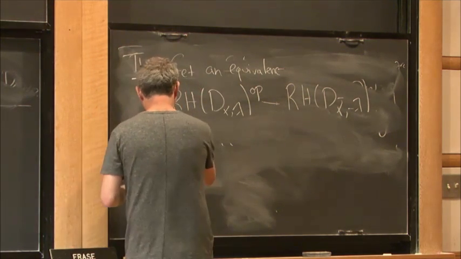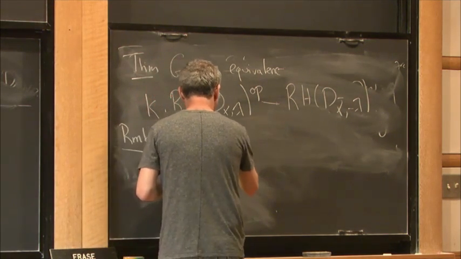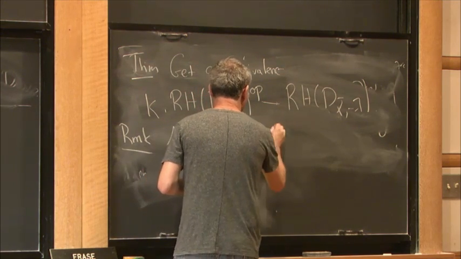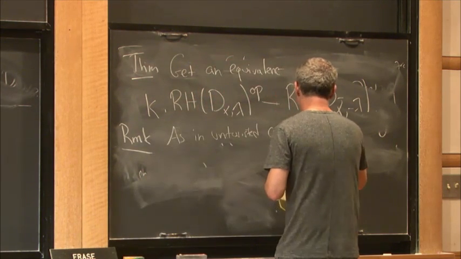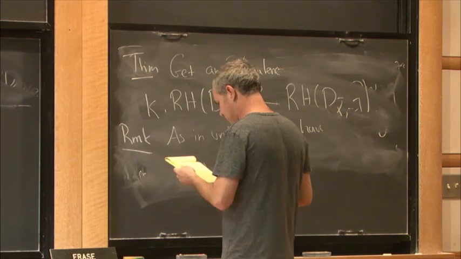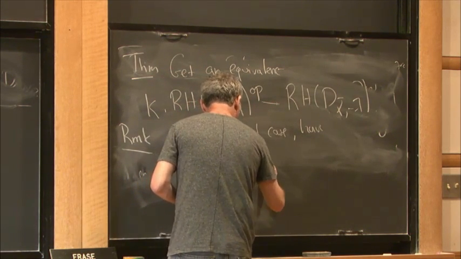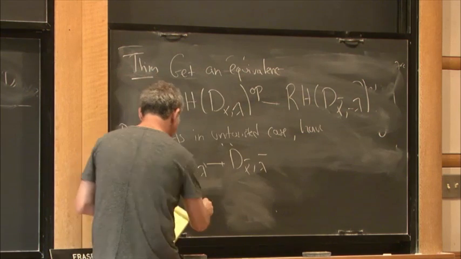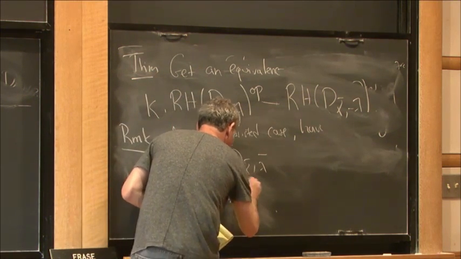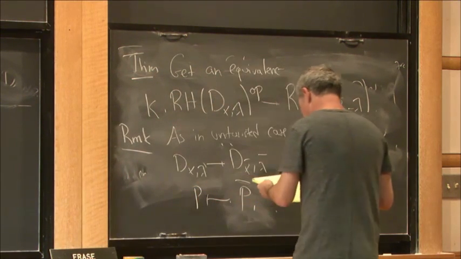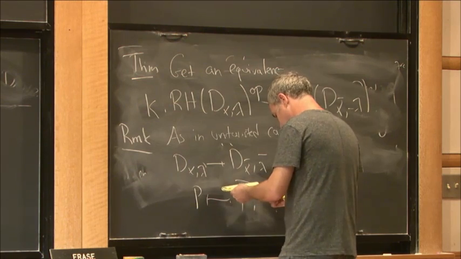As in the untwisted case, you have a map D_X^lambda goes to D_X^lambda-bar by p goes to just p-bar. And then let me make a definition.